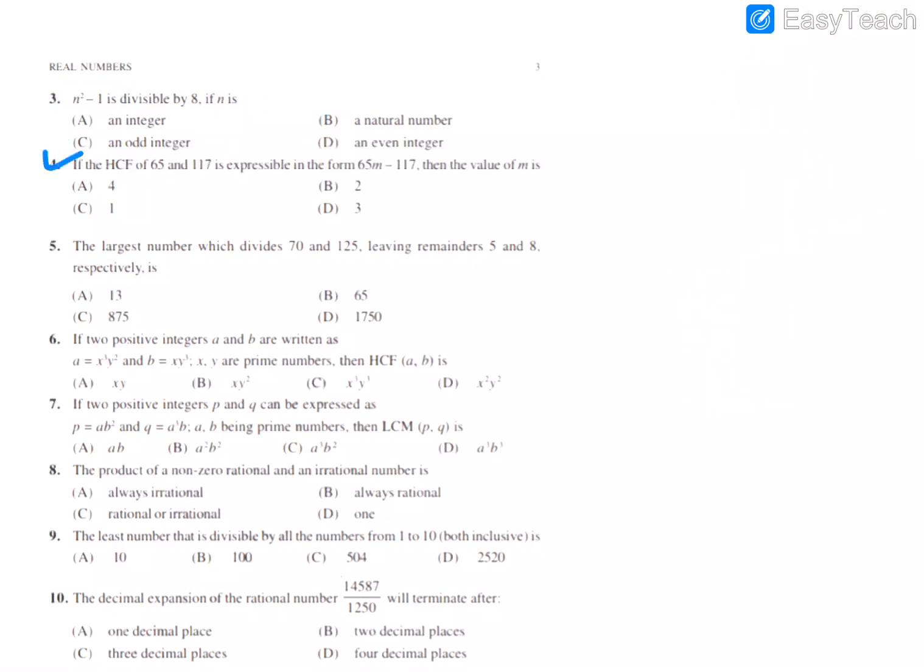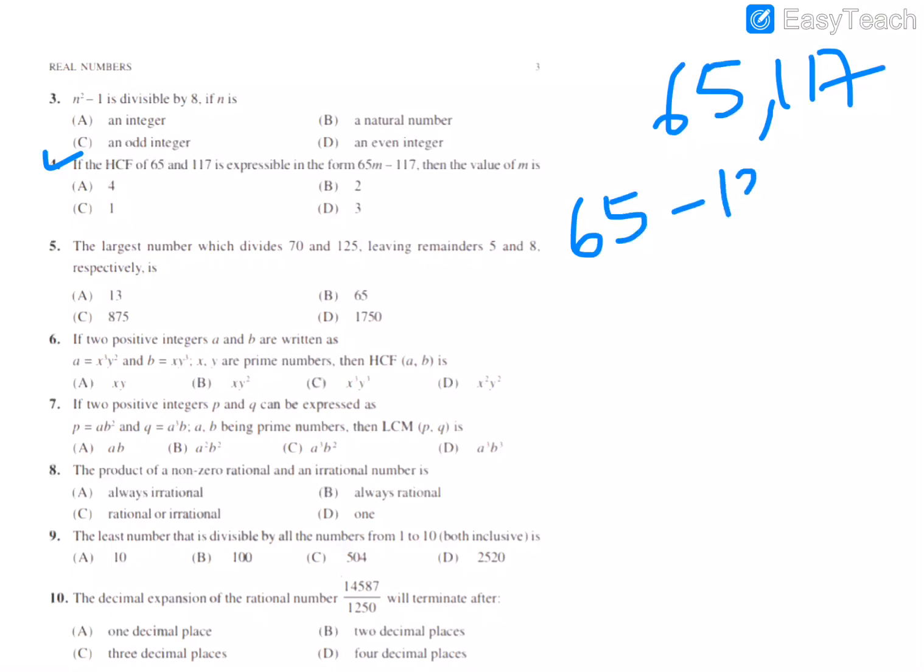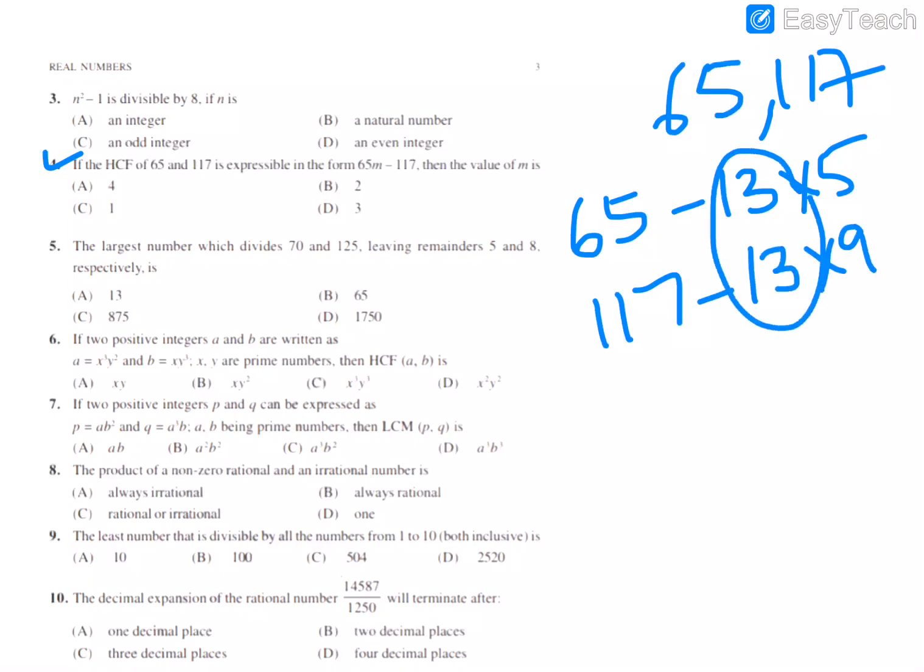And if you see the next question, HCF of 65 and 117 is expressible in the form of 65m minus 117. So first find the HCF. 65 is 13 into 5 and 117 is 13 into 9. So the HCF is 13.